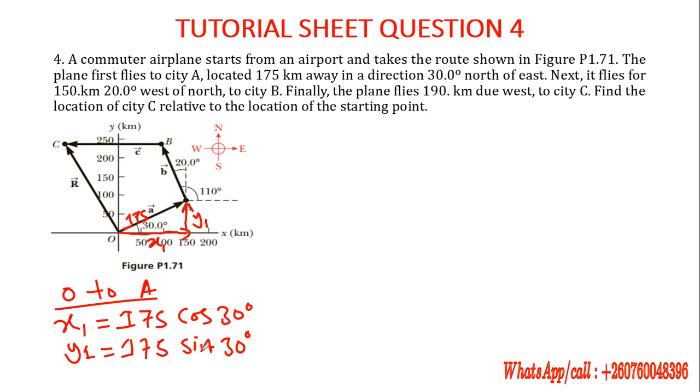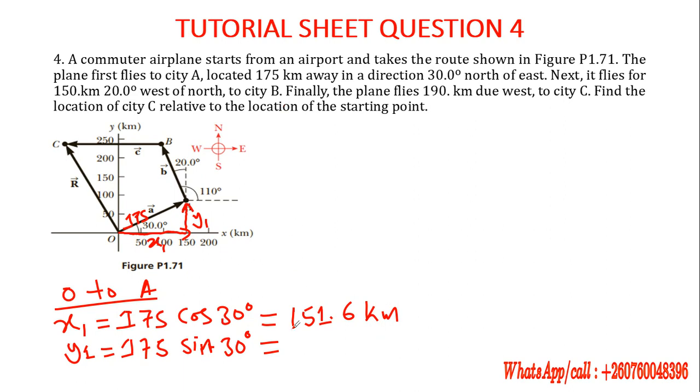Yes. So now, from here, let's punch on our calculator and see what we're going to obtain. We have 175 multiplied by cos 30. It's giving 151.555, which you can round off to 151.6 kilometer.